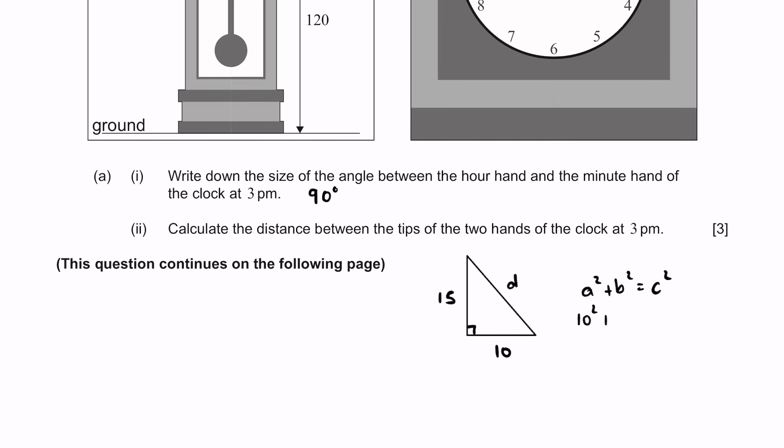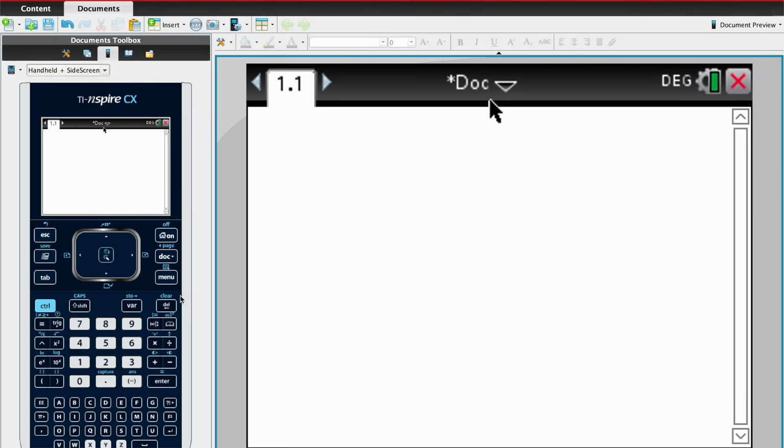This is 10 squared plus 15 squared is equal to, and here we actually called it d, so maybe we'll call both of these d, is equal to d squared. We don't want d squared exactly, we just want d, so let's take the square root of both sides. And now we have the square root of 10 squared plus 15 squared, and that should be our answer. So let's go to the calculator and work this out.